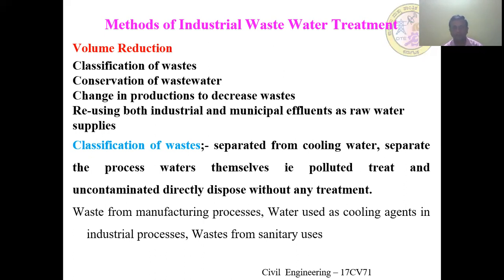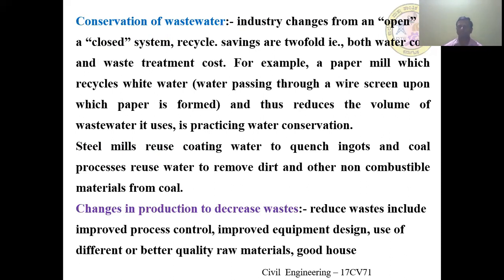Okay. Second method, conservation of water. Industry changes from an open to a closed system, recycle. Savings are twofold, that is, both water cost and waste treatment cost. For example, a paper mill which recycles white water, that is water passing through the wire screen upon which the paper is formed, thus reduces the volume of wastewater.